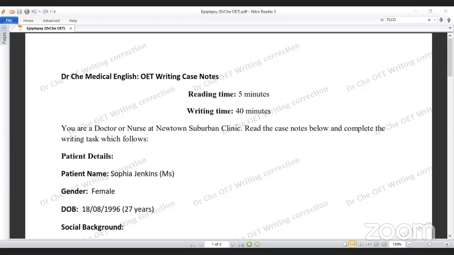We will see which type of letter this is, whether it is a discharge letter, referral letter, or transfer letter, or an urgent referral letter. There are different types of letters, so we need to see which type of letter it is, and whom we are writing to is also important.